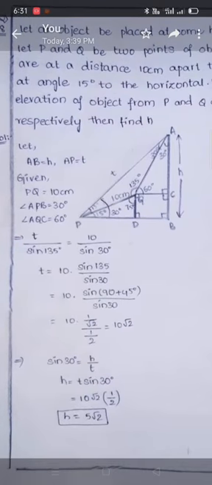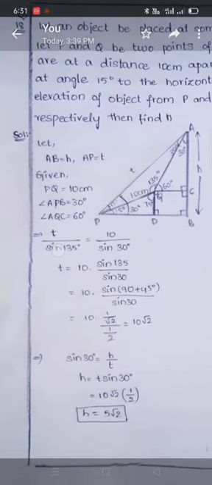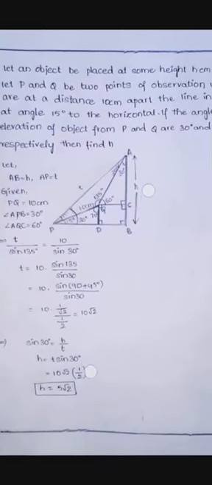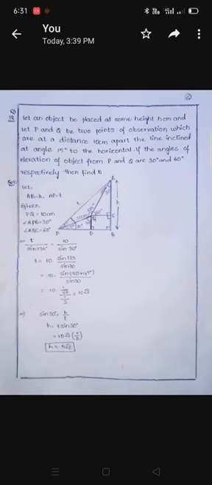So T is equal to, if sine of 135 degrees goes this side, it multiplies the 10, so 10 into sine of 135 by sine 30 degrees. Sine of 135 degrees can be written as sine of 90 plus 45 degrees, which is in the second quadrant.